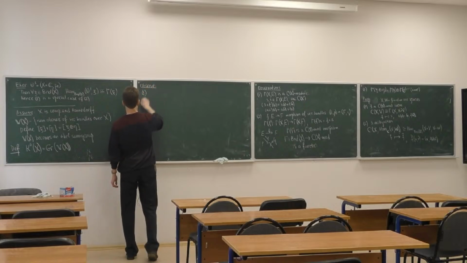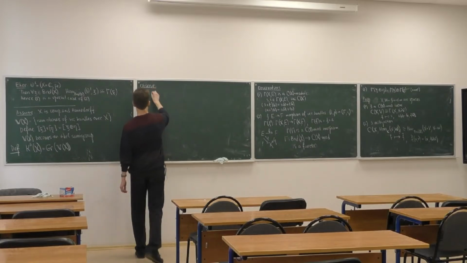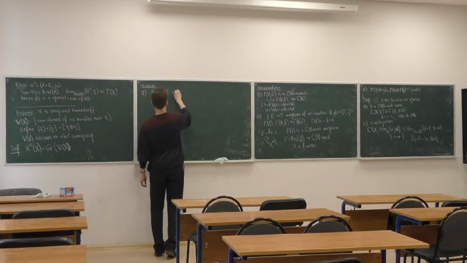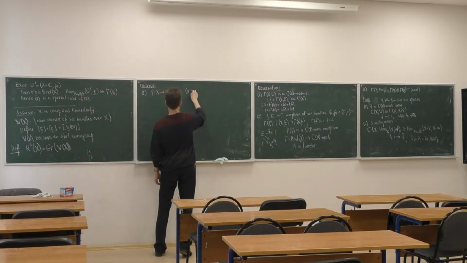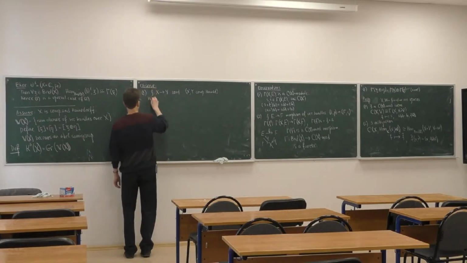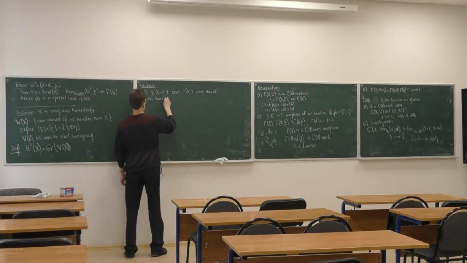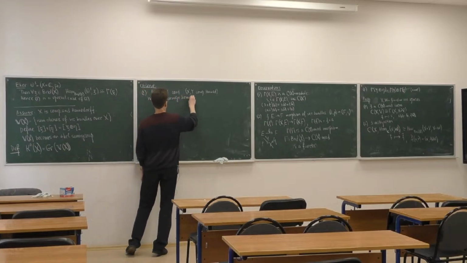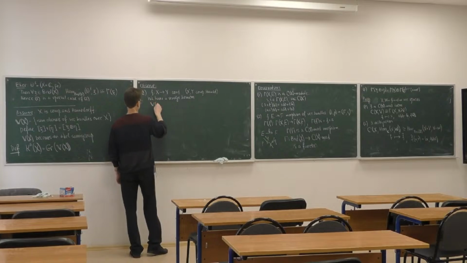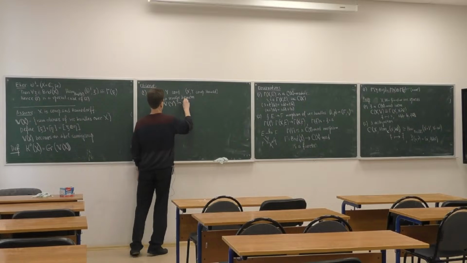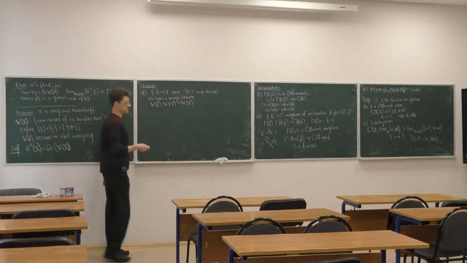If we have a continuous map f from X to Y, where X and Y are two compact Hausdorff topological spaces, then we have a semigroup homomorphism V of f, which acts from V of Y to V of X, and it is defined as follows.